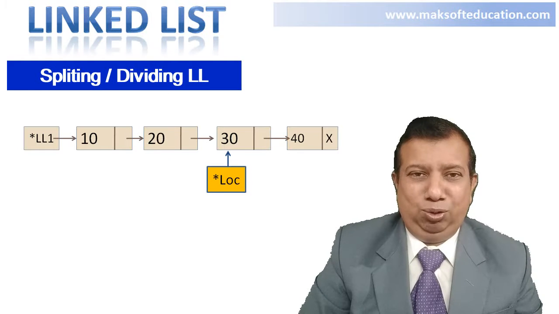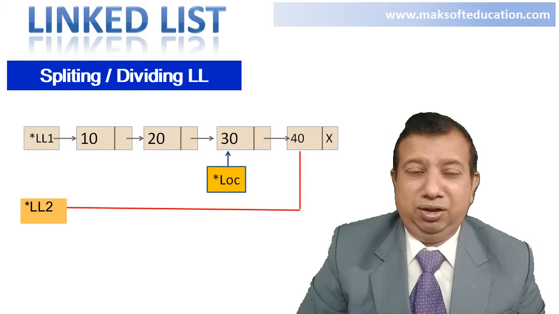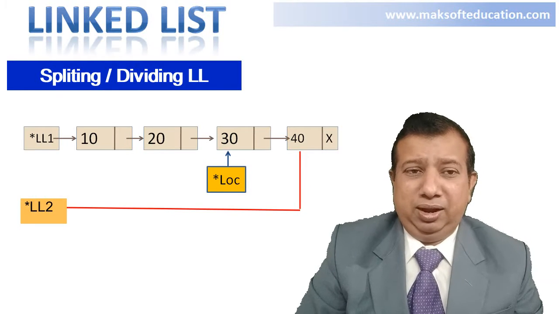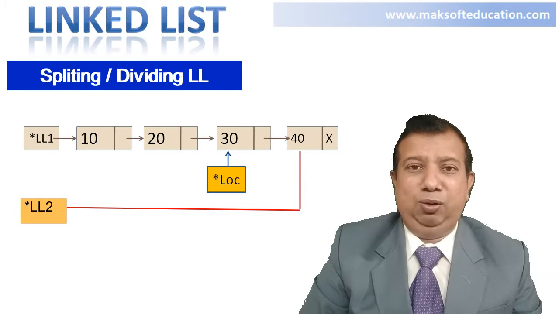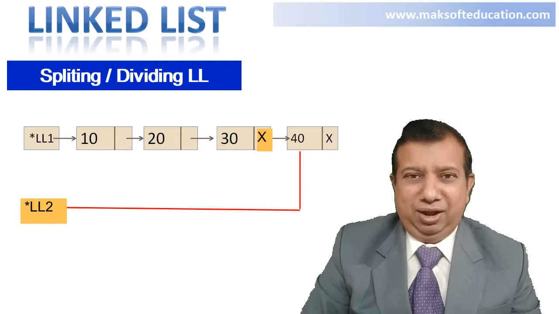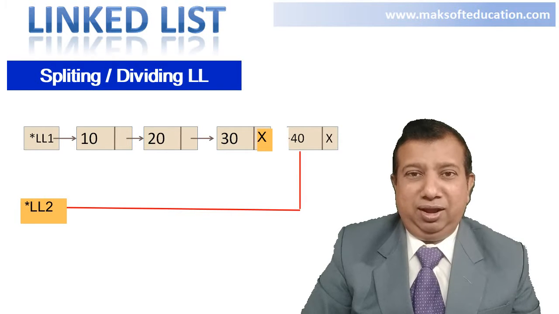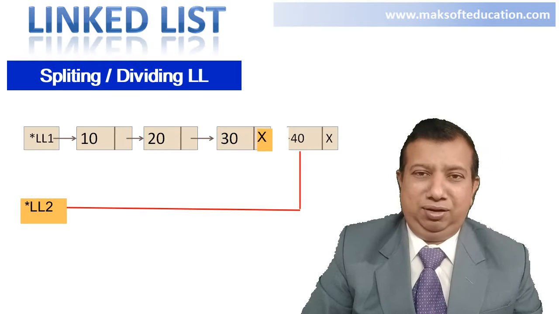Once you get it, the next operation is to create another linked list, LL2, and copy this LOC's link to LL2. Then put a null value in LOC's link section. In this way, you are terminating the first linked list at LOC, and the second linked list you have already created in LL2. Now it becomes two different linked lists.